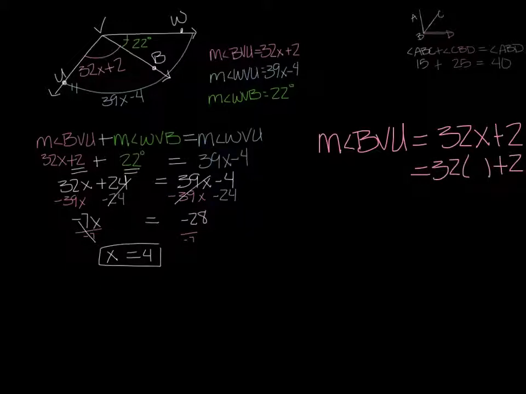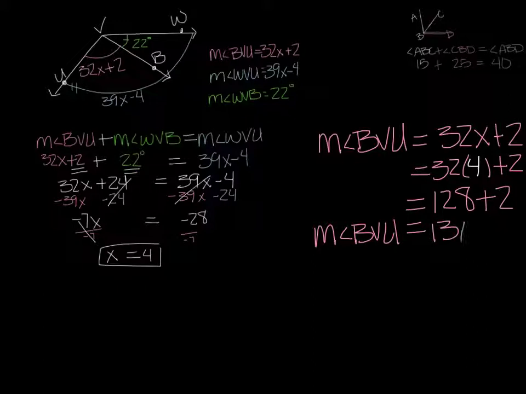And the x value we found is 4. So we have 32 times 4, which is 128, plus 2. So the measure of angle BVU is 130 degrees.